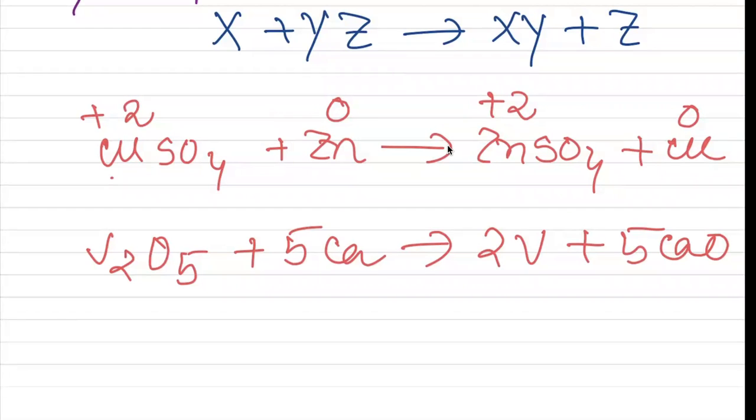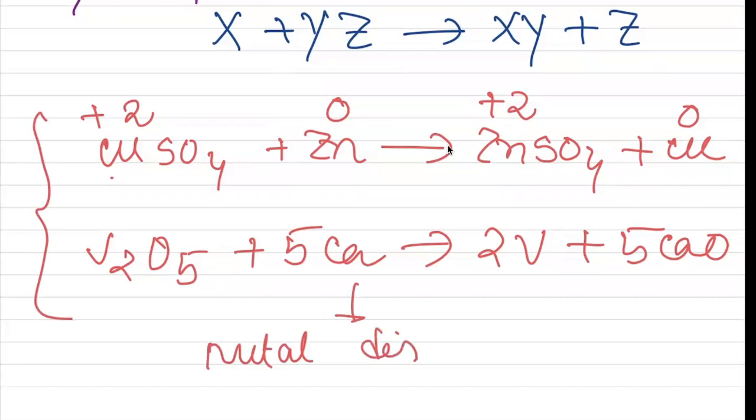Okay, so that means we can say that here, metal replaces metal. In these two examples, metal replaces metal. So we can name these two types of reaction metal displacement. Metal displacement.